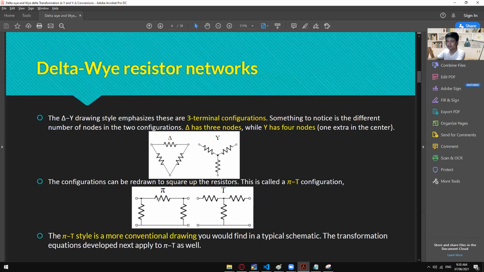Mostly this is just the original format of the problem. But once you transform this one into a delta, this is the one that we always focus on. We don't deal with this kind of circuit when transforming delta to y. Sometimes it's also okay, but this one is quite confusing. You will know later on why this is more conventional to use than having a pi configuration.